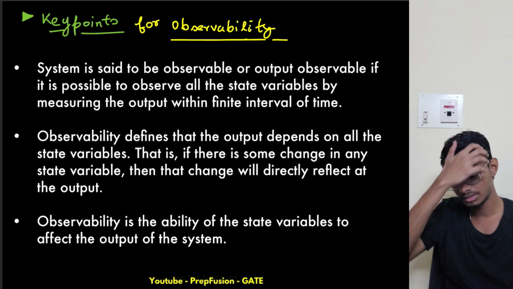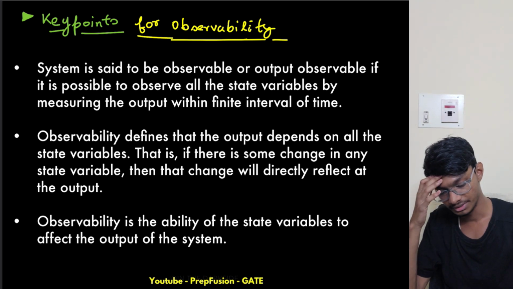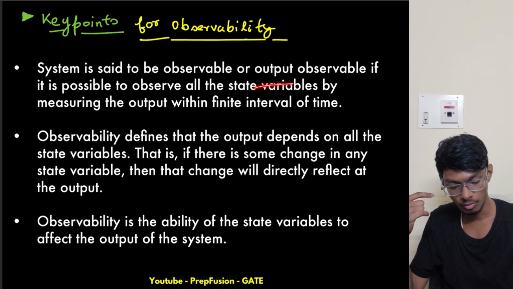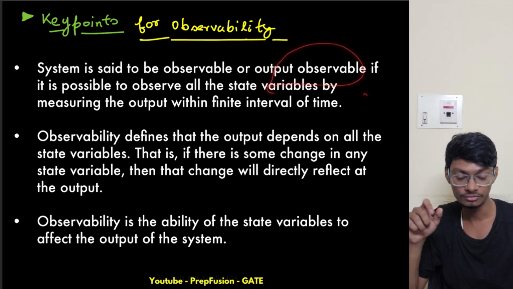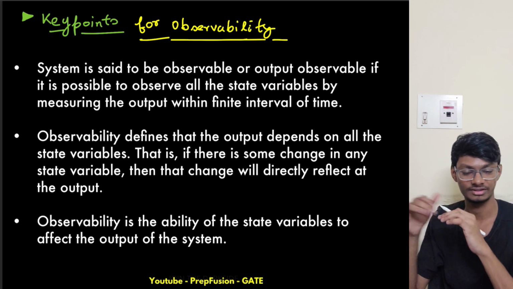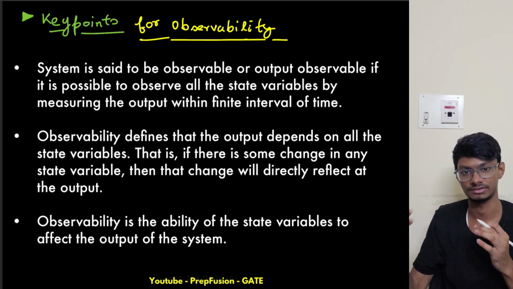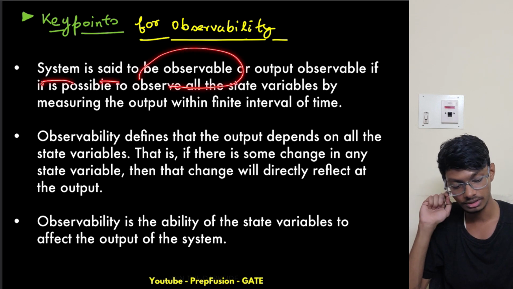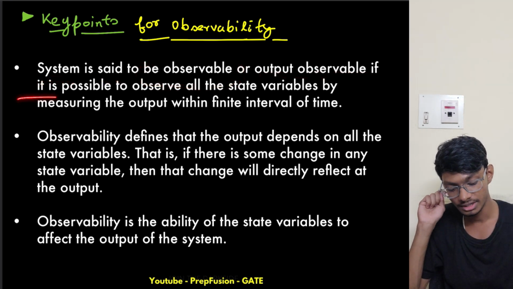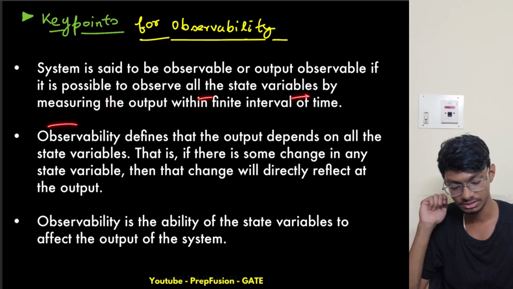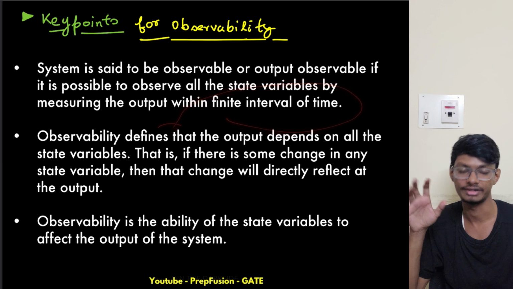So what are the key points for observability? Basically, a system is said to be observable or output observable. Don't confuse this with output controllable, that was different. That doesn't come in the exam, but we have to know all those things just in case it comes. A system is said to be observable if it is possible to observe all the state variables by measuring the output within a finite time interval.